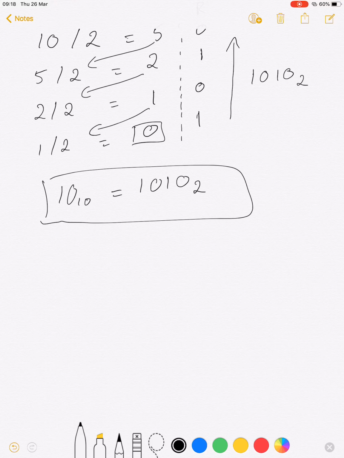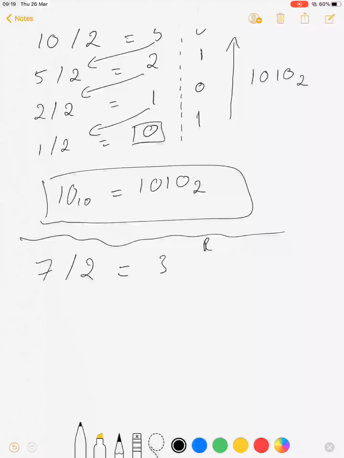So if we now take 7 and we do the same process, we say 7 divided by 2 is going to be equal to 3, noting the remainder of 1. 3 divided by 2 is equal to 1, remainder 1. 1 divided by 2 is equal to a 0, remainder 1.